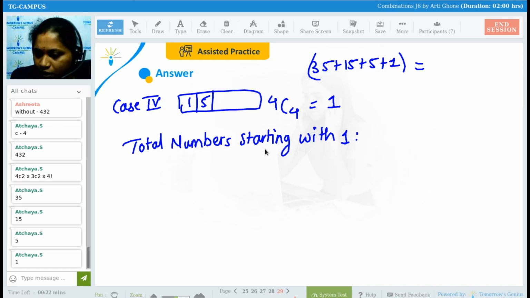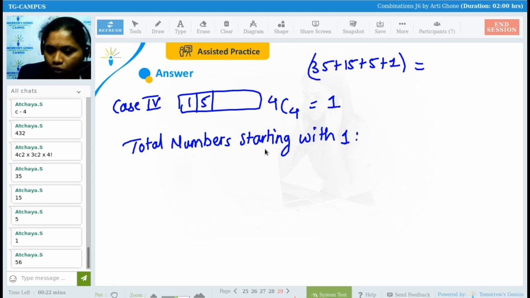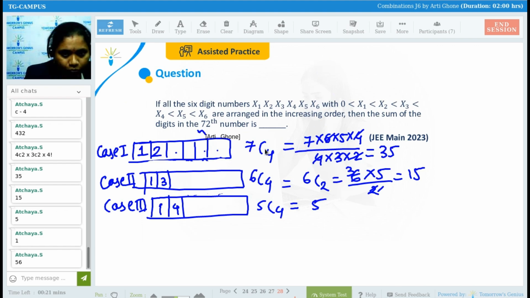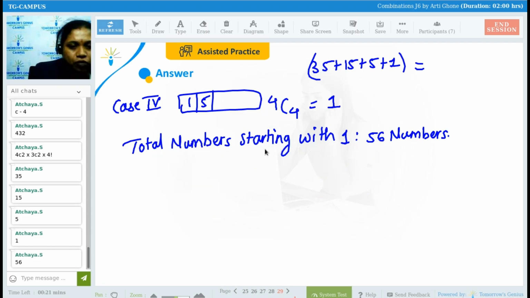What is the rank of this number starting with 1? 35 plus 15 plus 5 plus 1. Okay, 56 numbers. Clear? So we are still lagging behind 72. We have to go up to the 72th number.